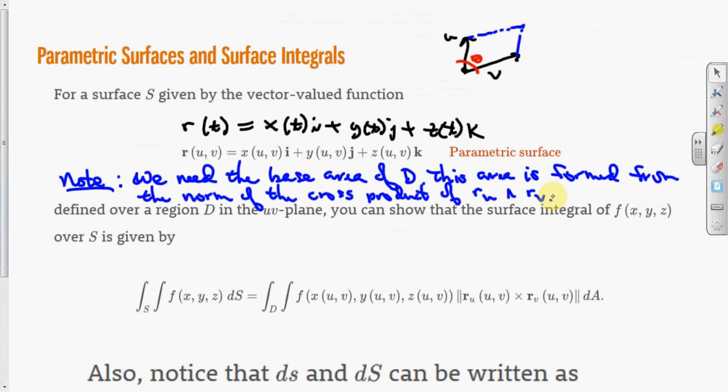We use the definition of the area for the parallelogram to give us this area.